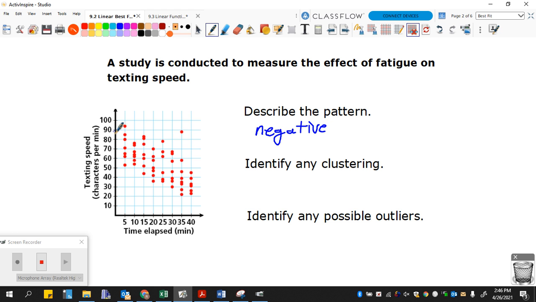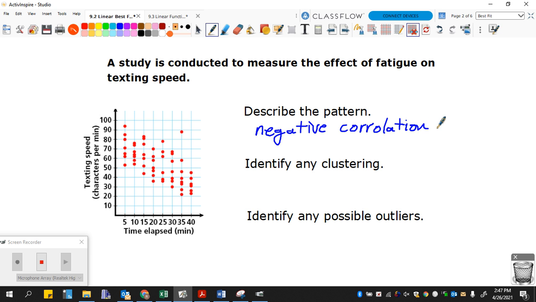The higher the timing speed, the lower the amount of time that's elapsed. So it's a negative correspondence, or not correspondence, but correlation. Negative correlation.